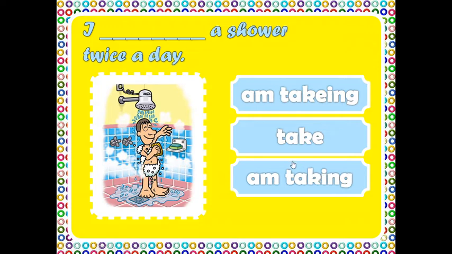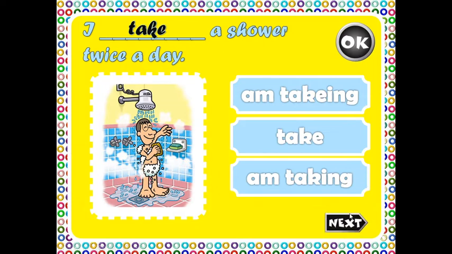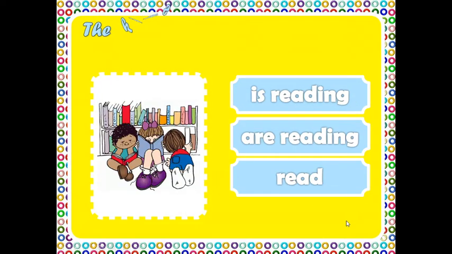But in this case, it's not this one, neither this one, so it's this one. Remember? Twice a day. So we're talking about routine. So I take. Remember, we don't say takes because we're talking about I. Okay? Perfect.